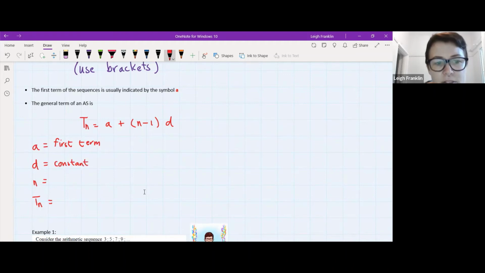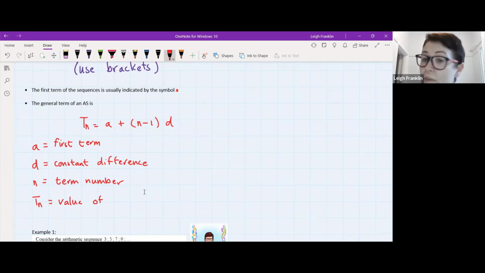Yes, the constant difference. And N is the term number. And Tn is the value of the last term, or value of any term.